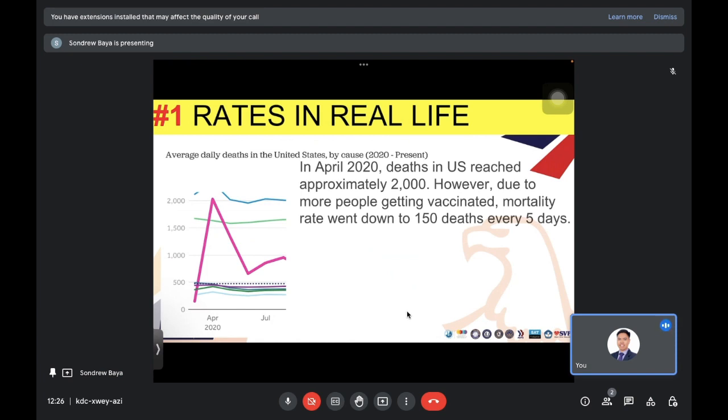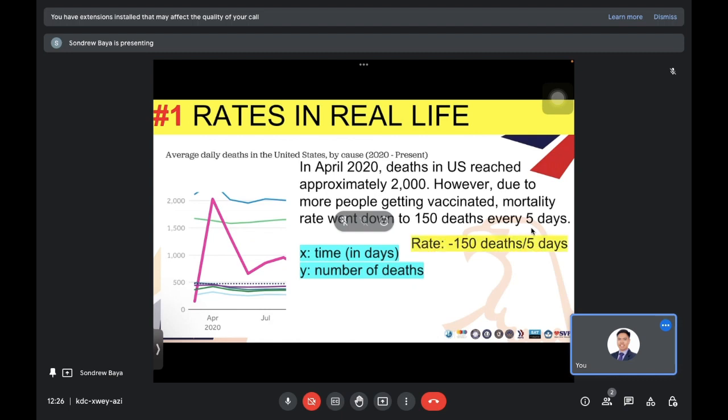Obviously, here we are comparing the number of days and the number of deaths. So our independent variable is time in days, and the dependent variable is the number of deaths. And according to this, the rate is 150 deaths every 5 days. Since it went down, therefore the rate is negative.